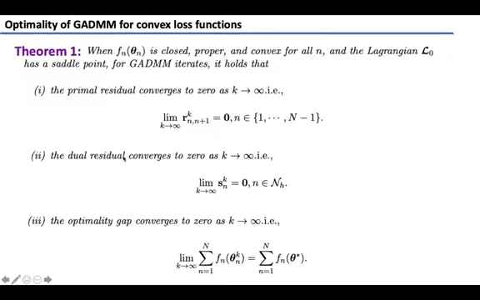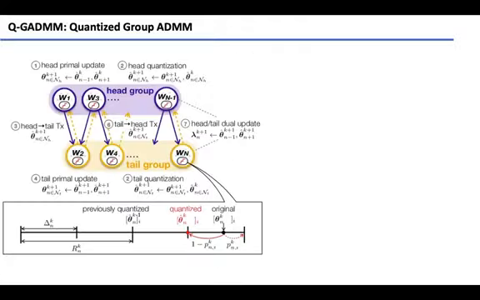And in fact, that's what we proved in the main theorem. So we show as GADMM iterates, as k goes to infinity, the primal residual goes to 0 and the dual residual goes to 0. Therefore, the optimality gap goes to 0, and the objective value converges to the optimal value.